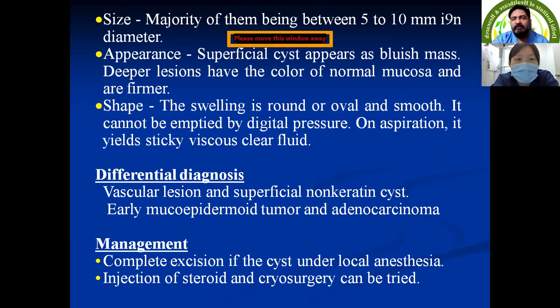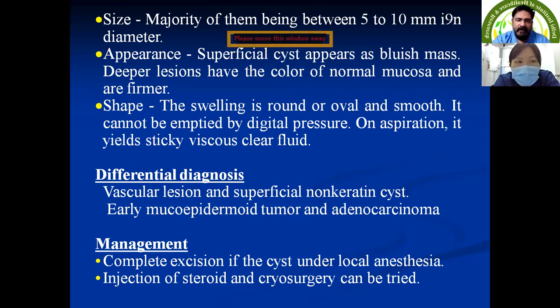Size: the majority of them are between 5 to 10 millimeter in diameter. A superficial cyst appears as a bluish mass, and deep lesions have the color of normal mucosa and are firmer. Shape: the swelling is round or oval and smooth, and it cannot be emptied by digital pressure. On aspiration, it yields a sticky, viscous, clear fluid.